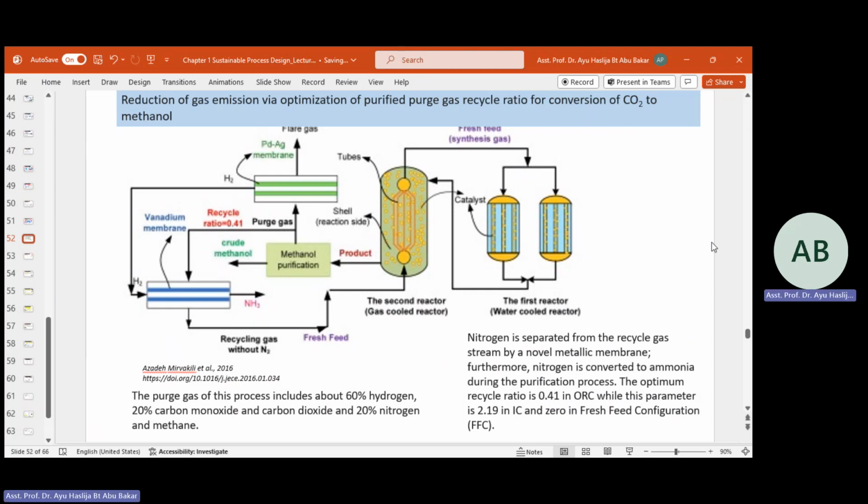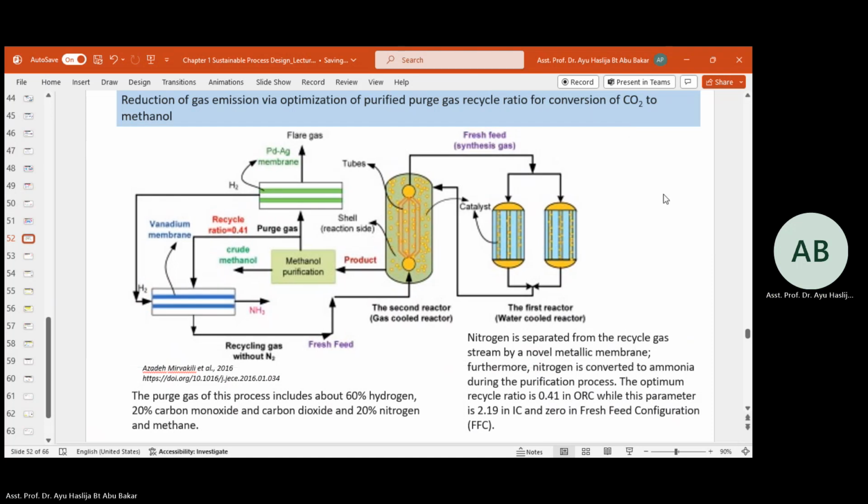Yes, what is the fresh feed? CO2, yes. From the title, you can see here, conversion of CO2 to methanol.